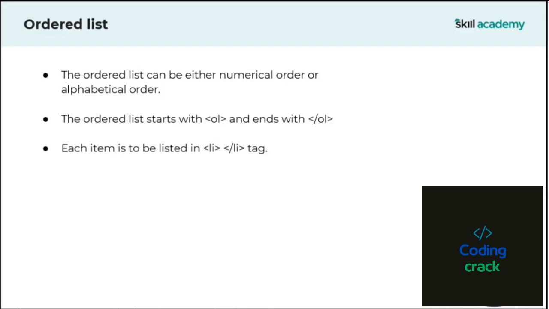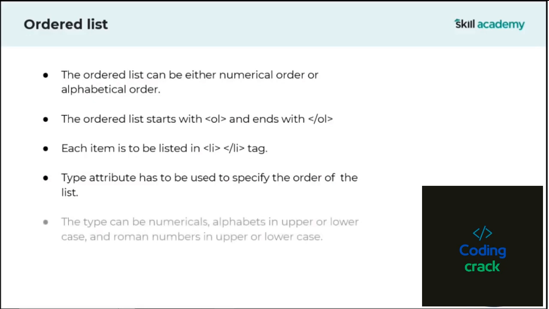Each item is to be listed in an li tag, same as your unordered list. You have to mention your items in this li tag. The type attribute has to be used to specify the order of the list. Which means the ol tag provides you an attribute, the name of that attribute is type, and using this attribute you can specify the order of your list.